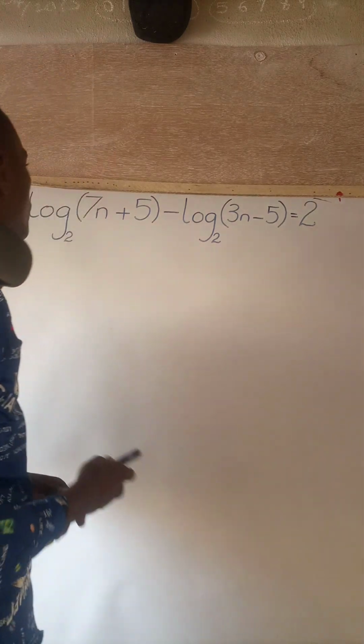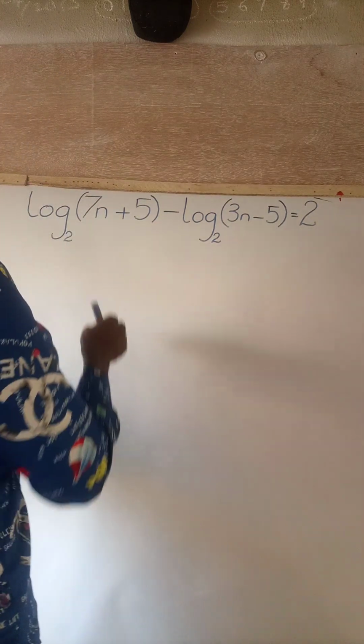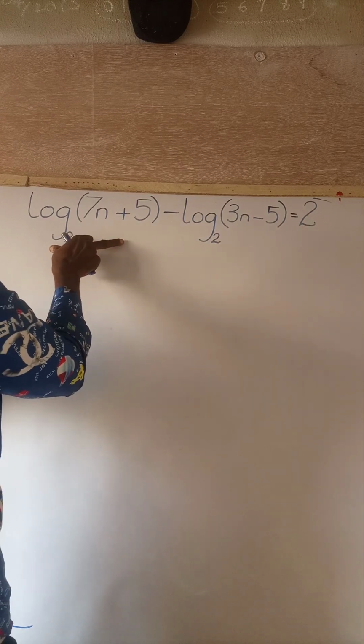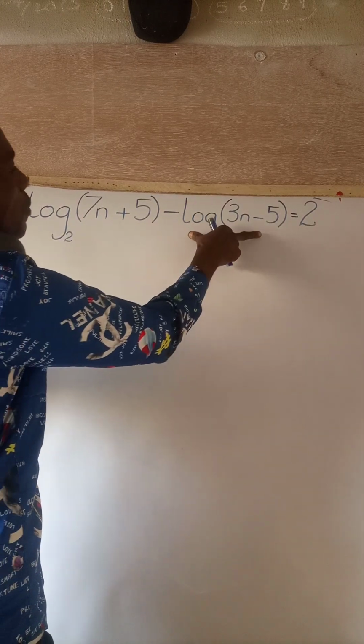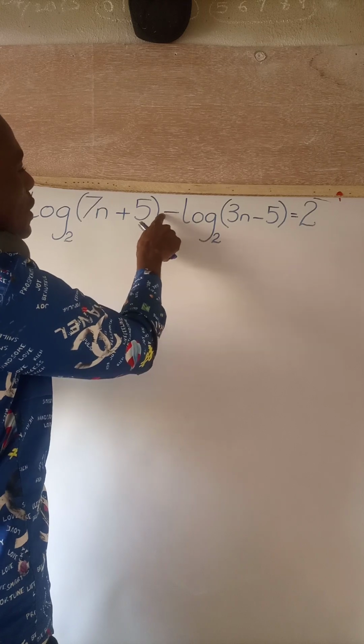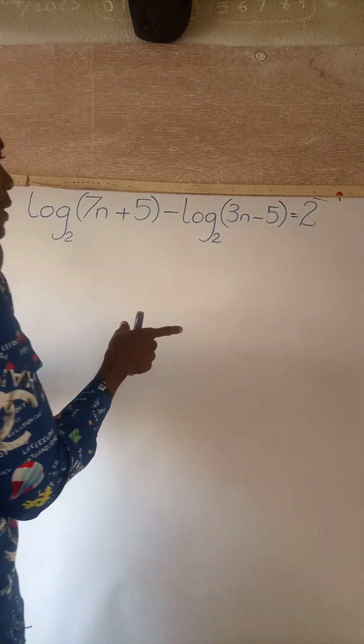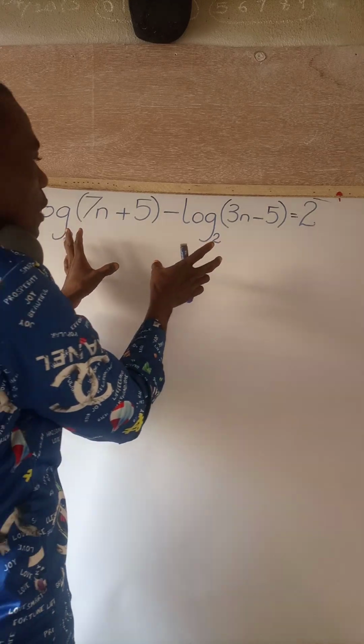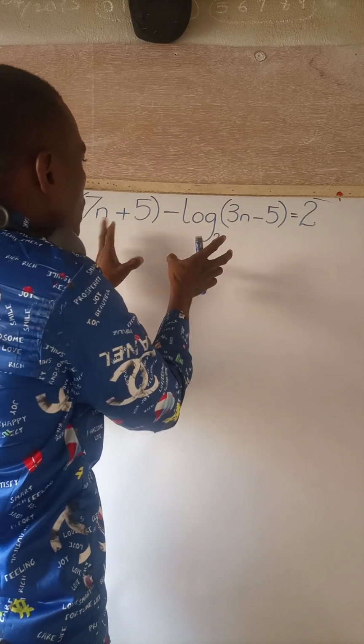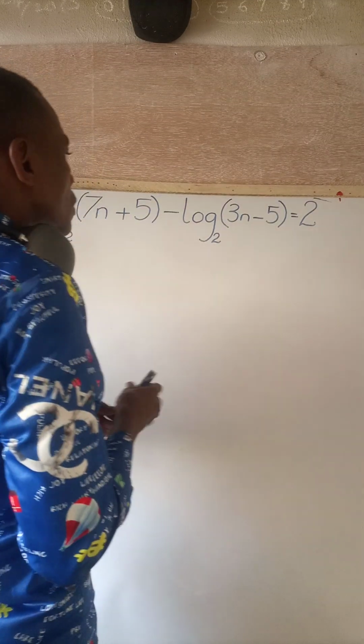Let's quickly solve this question that we have on the board. When you look at this first expression and the one here, you will see that the binary operation between them is minus, meaning that the type of logarithm rule they applied here is the division rule.